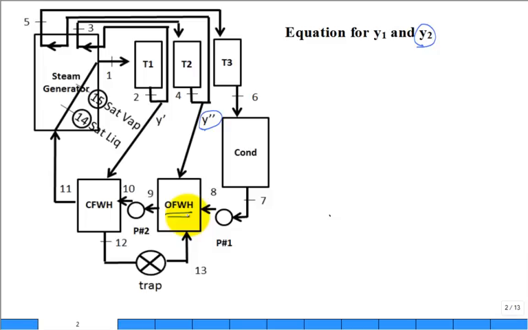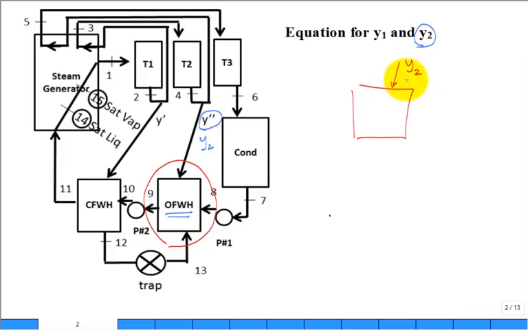All right. So to calculate, I'm going to call this Y2. I know that double subscript is what the book uses, but it's a little awkward for me. Now, what we have to do is isolate the component, and we have to do both a mass balance and an energy balance. So if I isolate that component, I'll have coming down a Y2.